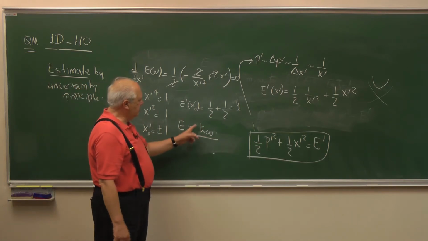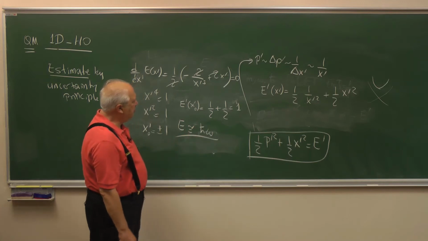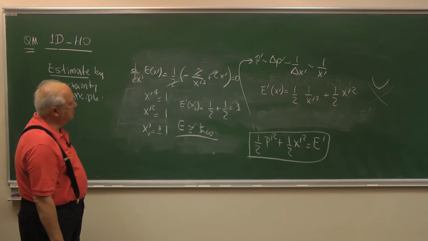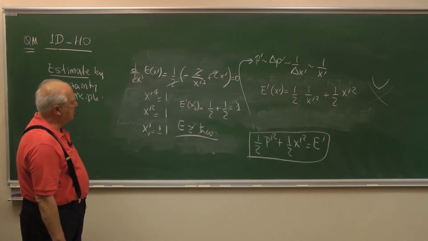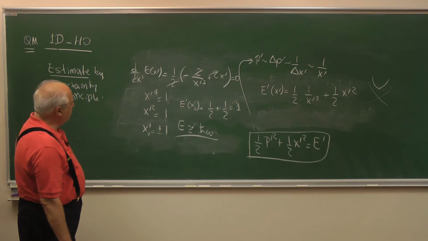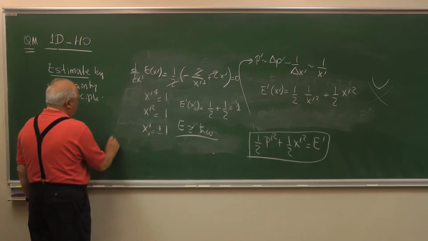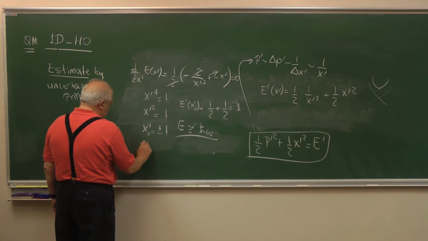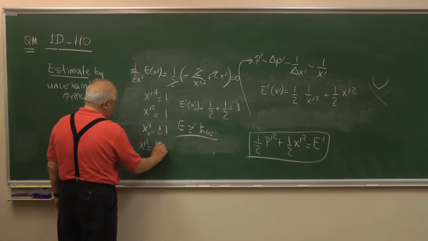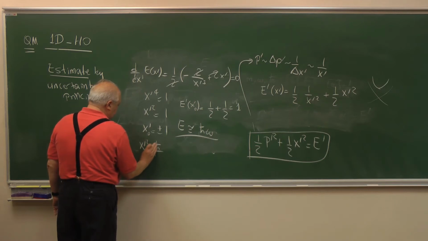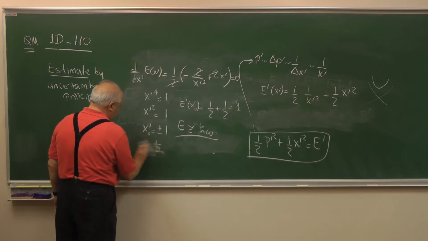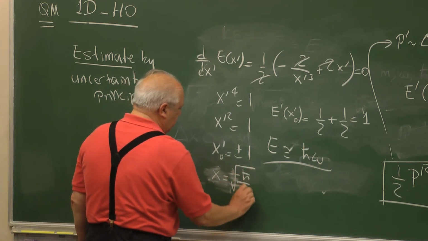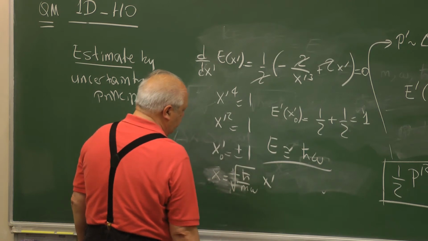Well, everybody knows its ground state is at 1/2 h bar omega, but this gives a rough, reliable estimate of the size of the energy. Now, what about this x prime equals 1? x prime squared is, with x equal to root h bar over m omega, x prime.